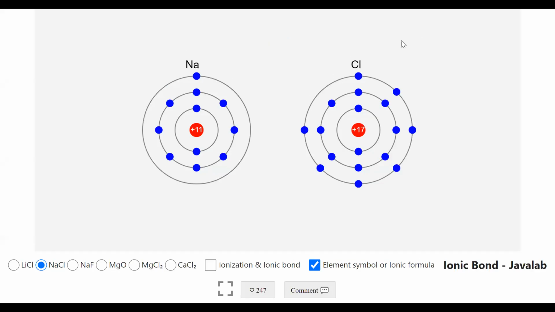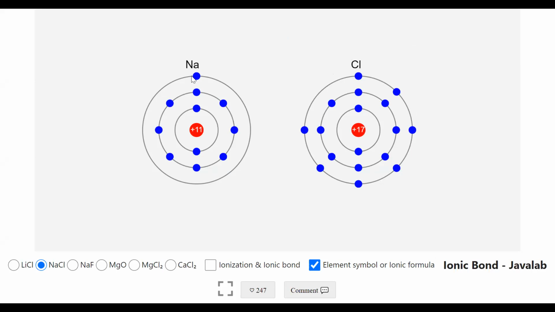Okay, ionic bond forms between metal and non-metal. As you know, sodium is a metal and chlorine is a non-metal. Okay. And what happens here is we look at the valence electrons. Sodium has only one valence electron.